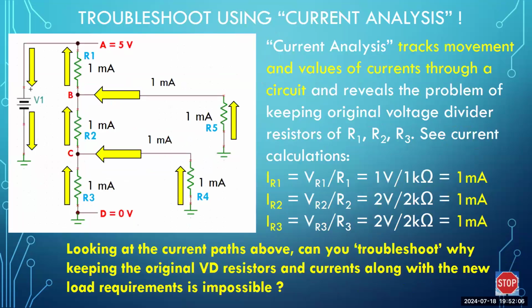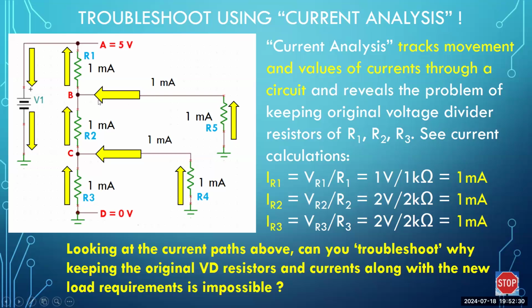Okay, so we're going to use current analysis. I said current analysis was a very powerful tool, one of 2 very powerful tools that you'll be using for troubleshooting. And we define current analysis as being a method of tracking the movement and the values of currents as they flow through a circuit.